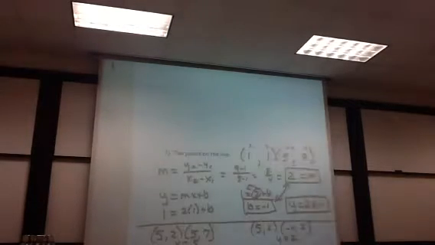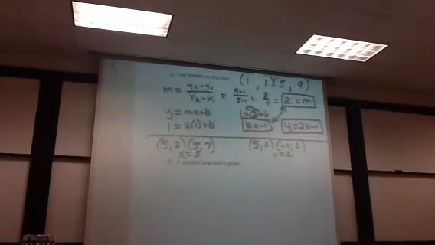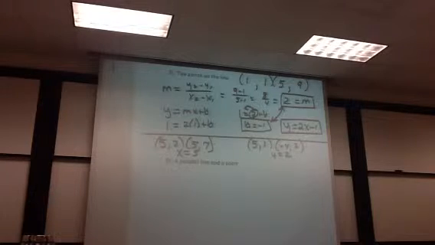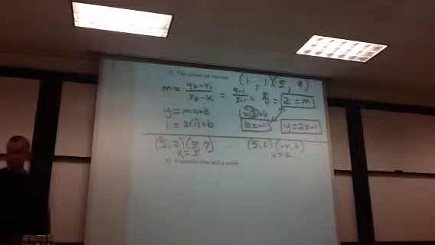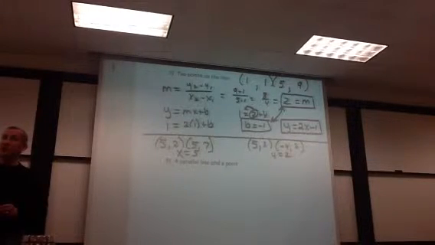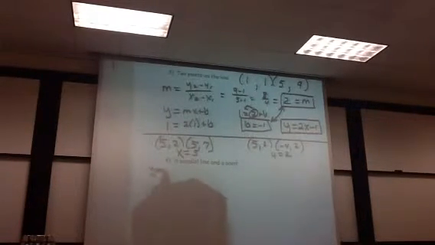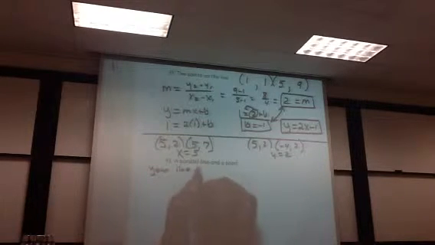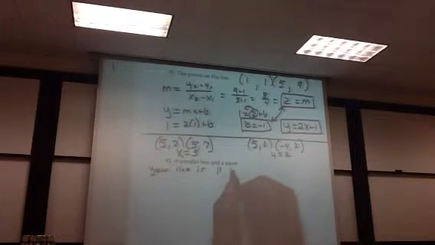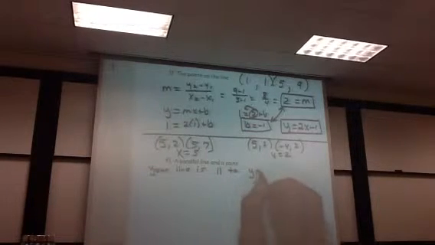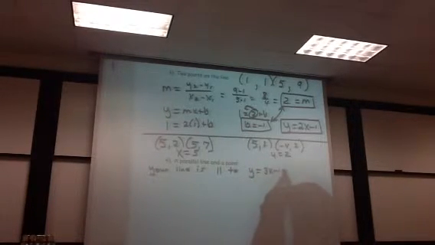And that's important because of our next scenario. In this next scenario, I'm going to give you a line that is parallel to your line and a point that your line goes through. So your line is parallel to that line, and it goes through the point (1, 7).